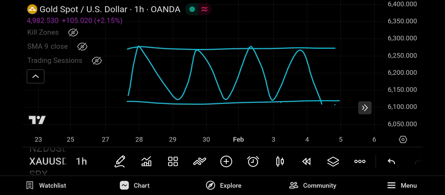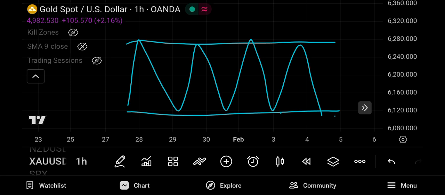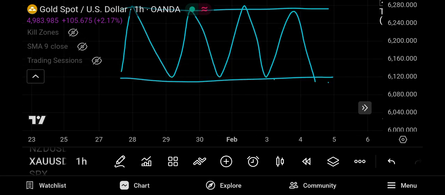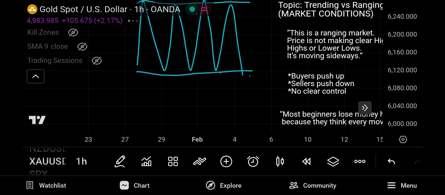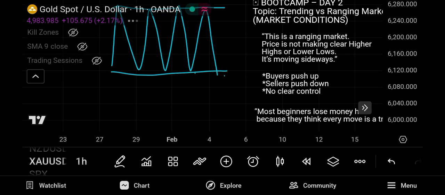That's not feasible for us at the moment. So again, I'd advise us not to trade ranging markets because we are just going to end up blowing our account.